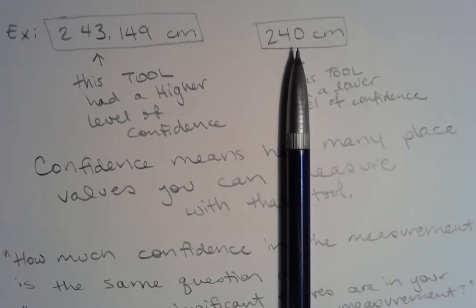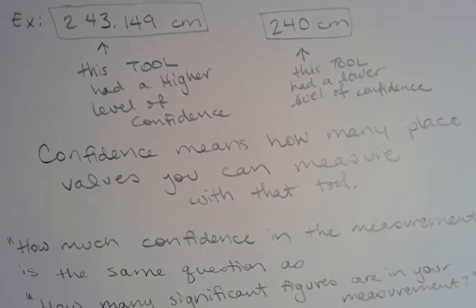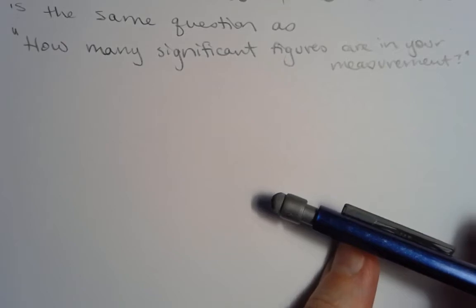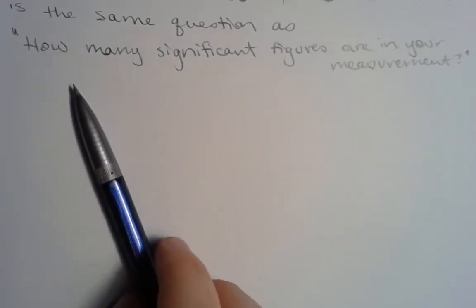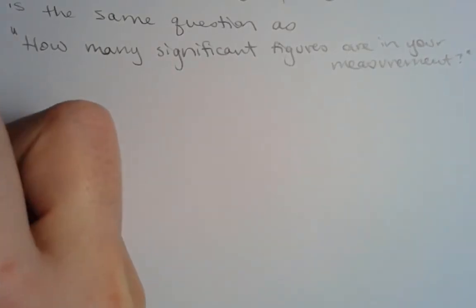Some numbers show that you have confidence in that place value. Other numbers are a little trickier. So, okay, we're looking at a question: how many significant figures are in the measurement? It begs the question, what are the significant figures?